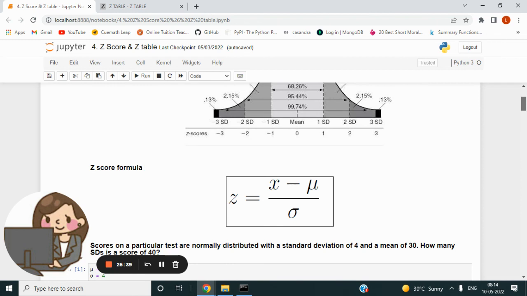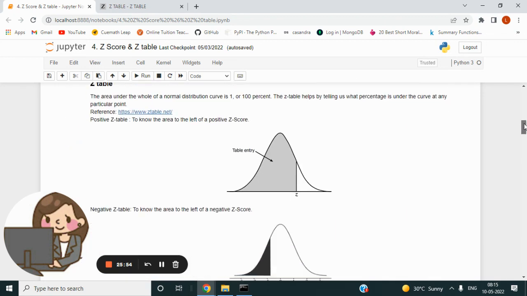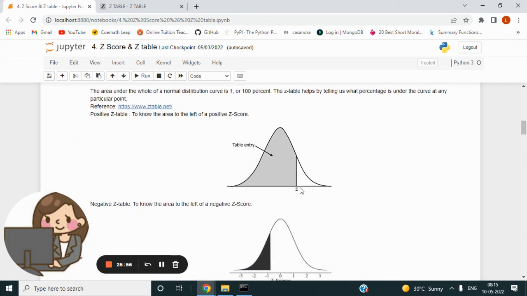Standardization of a normal curve is when you take the mean as 0 and the standard deviation as 1. So in that curve, you have to find the Z score of each and every value so that you will be able to plot the standard normal curve. Once you have the Z score, if you get the Z table entry particular to that, you will be getting the area below it.